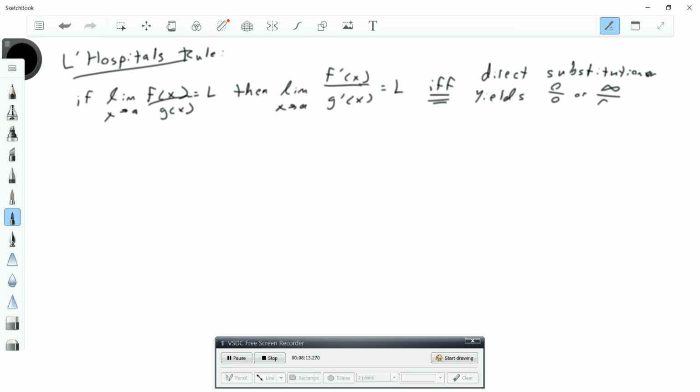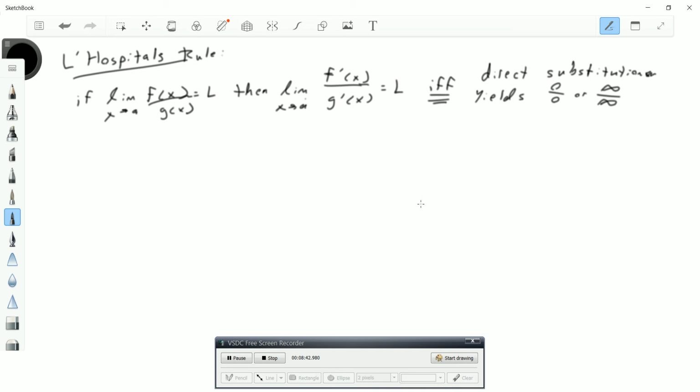So basically what this rule says is that if you've got a limit of the division of two functions, and you directly substitute the value that the limit is approaching, and you get an indeterminate form of 0 over 0 or infinity over infinity, then what you can do is take the derivative of the numerator and denominator, and that function will have the same limit. So it's really a pretty cool result.